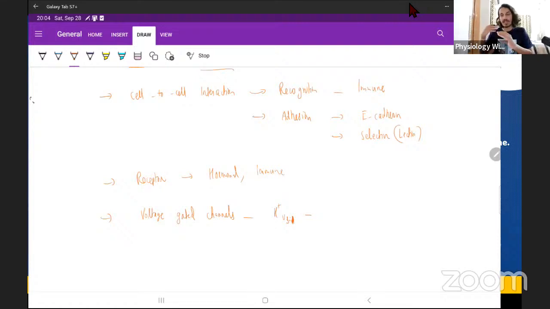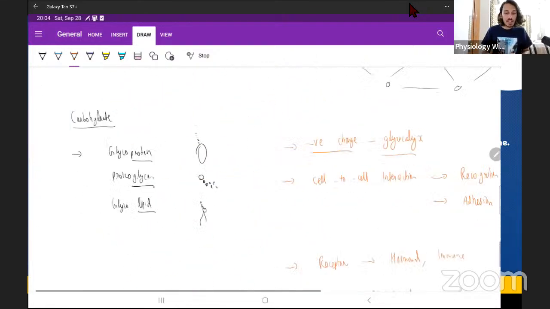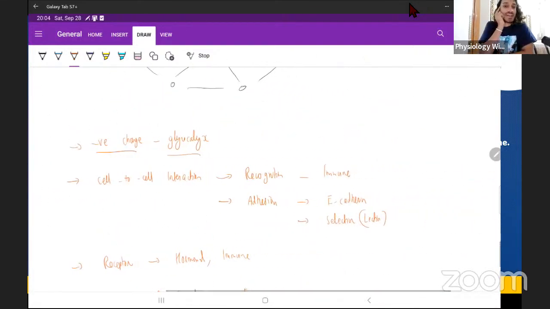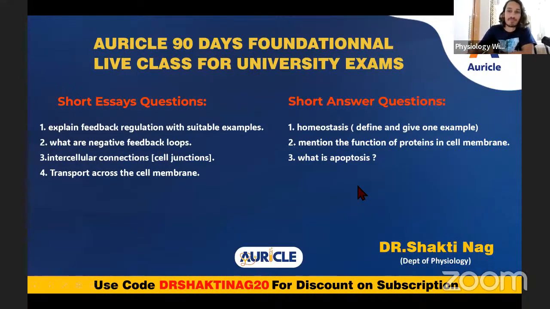How fast it can open and close can change. Speed of transmission can change. So the amount of glycation changes these components. So in a nutshell, if you're asked about the membrane, we discussed what all is there in the membrane and what the functions of the membrane are. So each of them are the functions. If your question is what are the functions of the membrane, you talk about the functions of protein, the functions of carbohydrate, and the functions of your lipid.